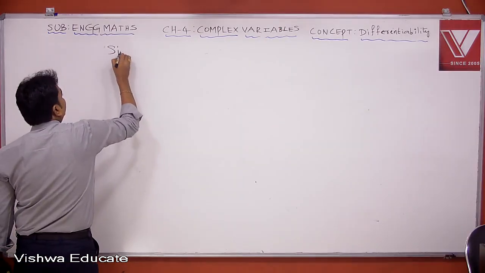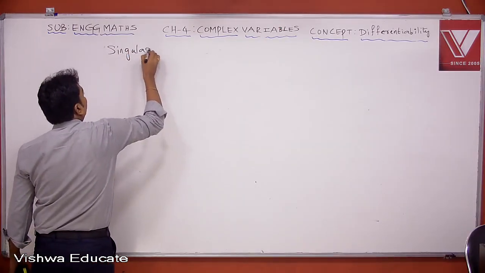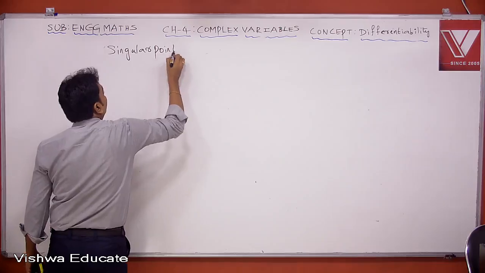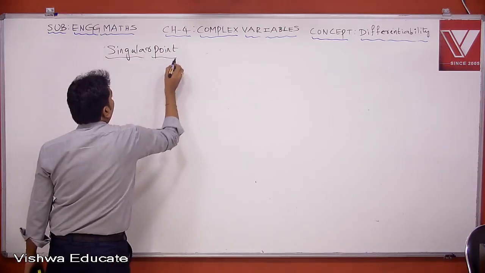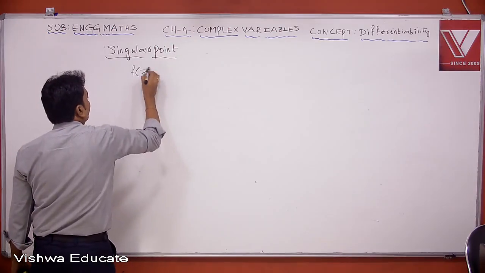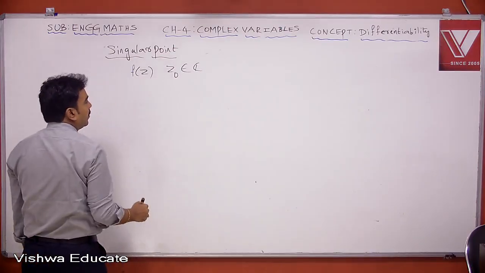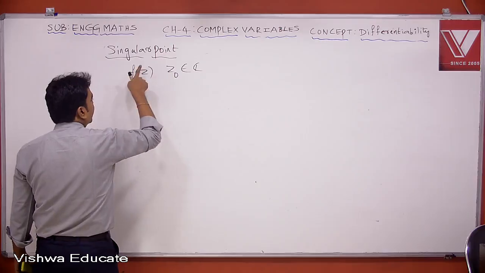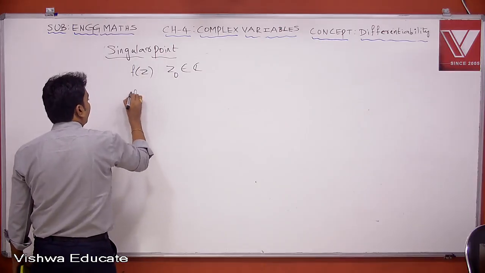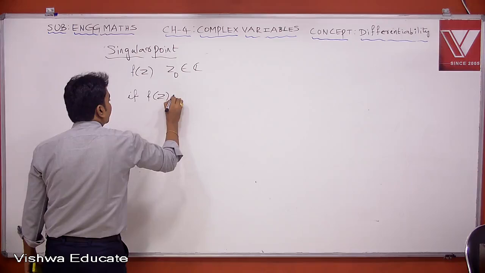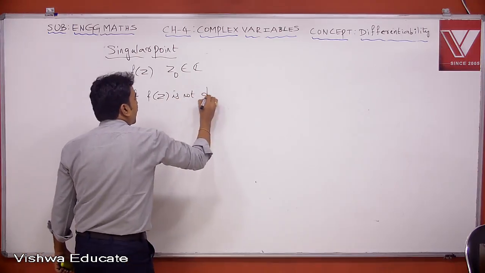Then singular point. Suppose we have a complex valued function f of z and z naught is some complex number. We say that z naught is a singular point of f of z if f of z is not differentiable at z naught.